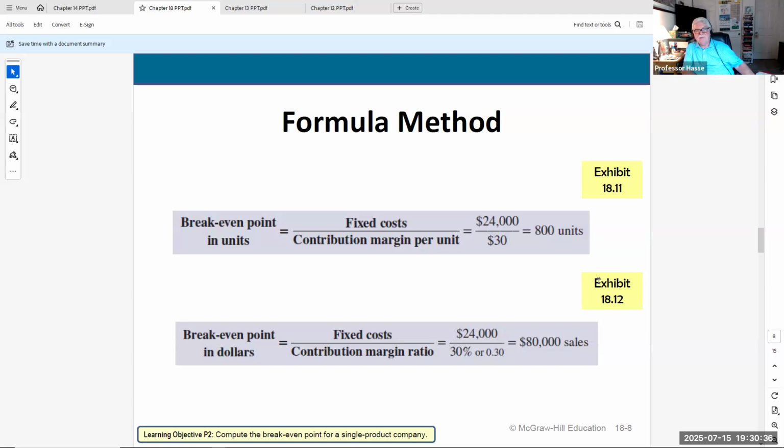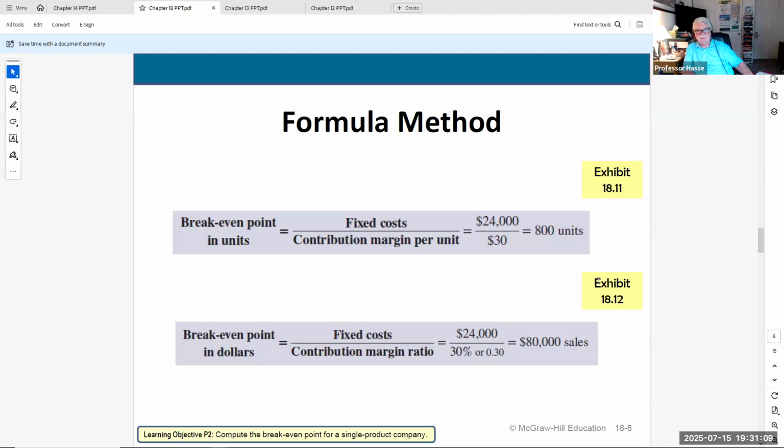Oh, so last month we sold 1,000 units. So that means we sold 200 units more than our break-even. So 200 units times 30 bucks. Oh, we made $6,000 in profit last month. Damn, how'd you figure that one out? Oh, I know. You have HASI in accounting. You know what that means. Once you reach the break-even point, your contribution margin is your profit margin.